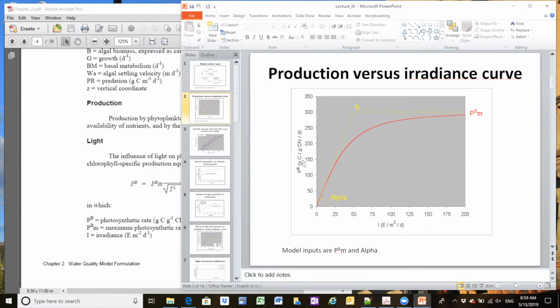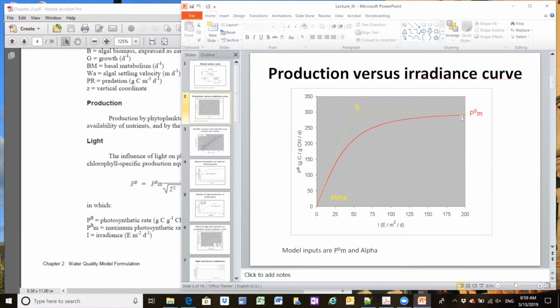And this again is our production, and what you see is it's sort of a rectangular hyperbola. When light is very low, the production rate is effectively a linear function of irradiance, and as the light increases, it more or less saturates until you get up to that maximum value.